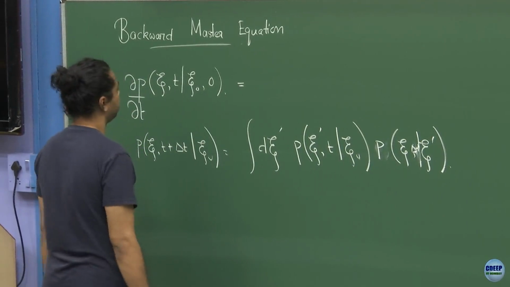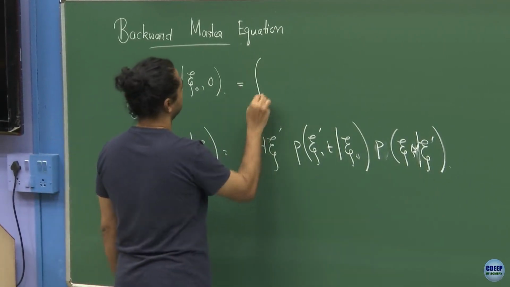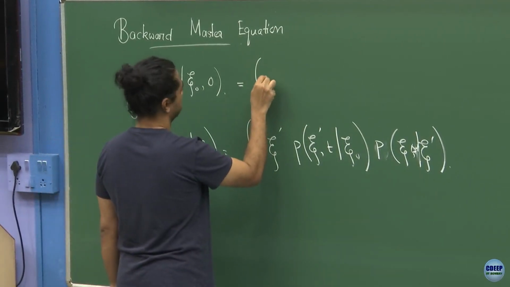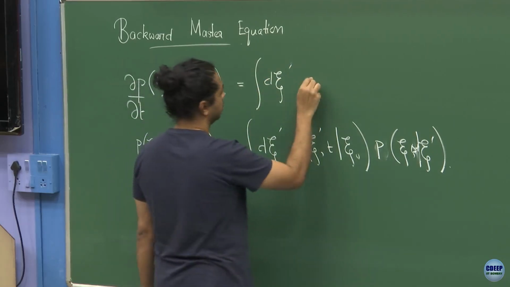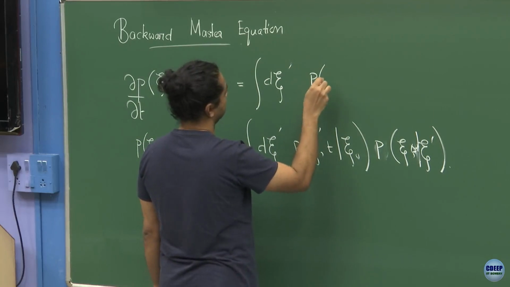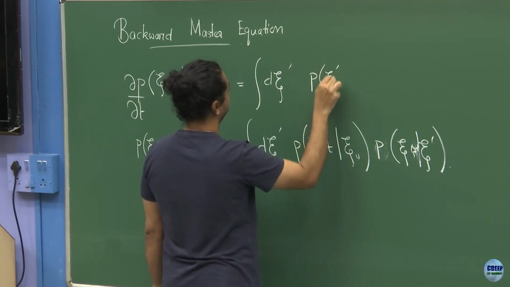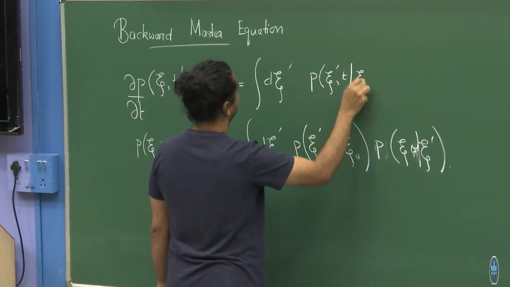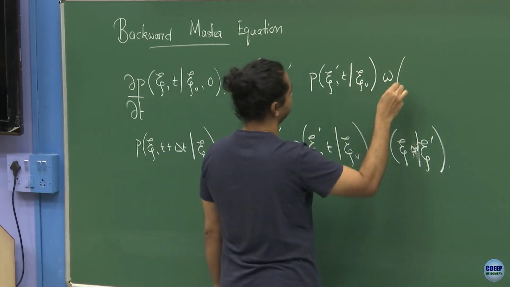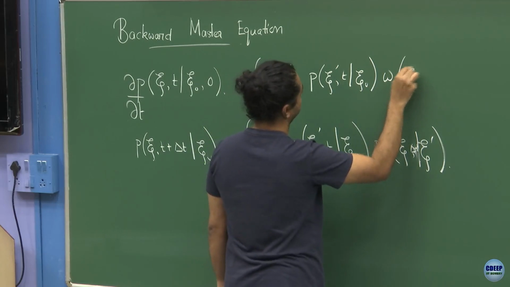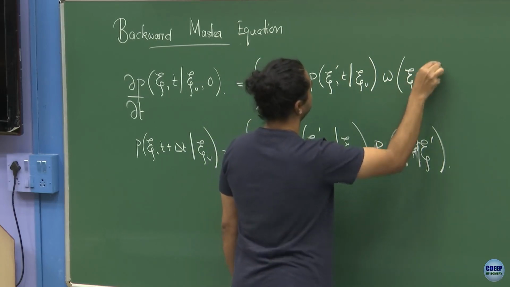So this was integral over all psi primes, P of psi prime, t, psi naught, the transition probability to go from psi prime to psi.